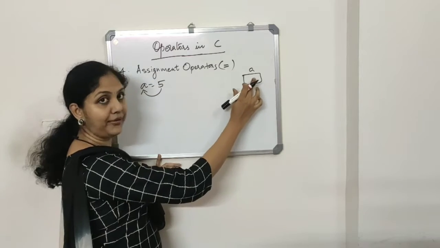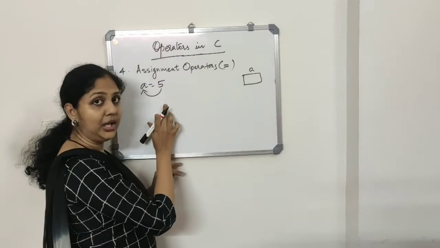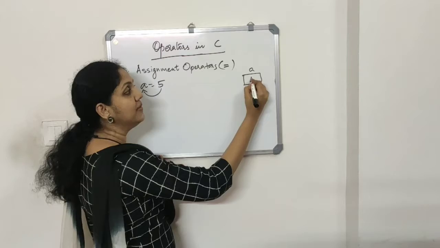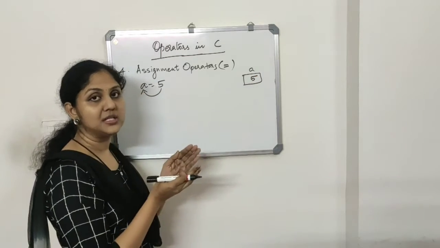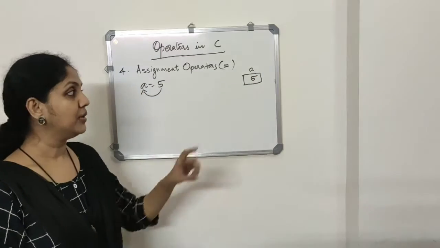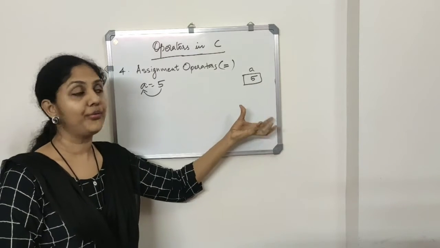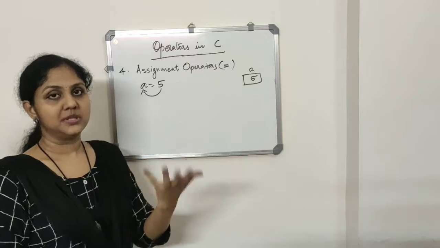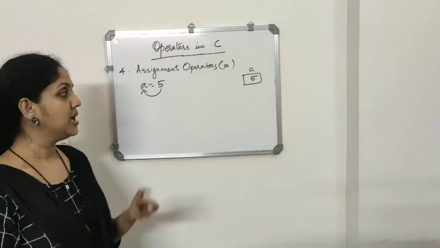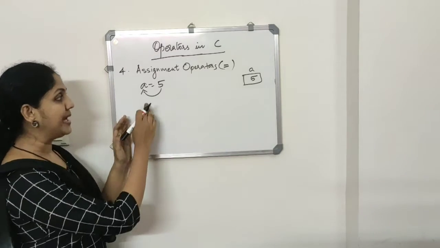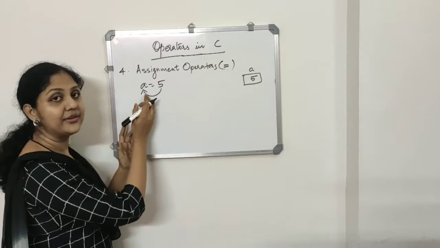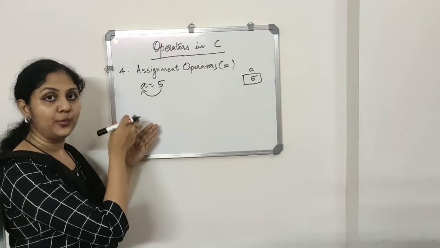This is the memory of A. If I am assigning A equal to 5, then 5 is stored in the space provided for A. Now the value of A is 5. Whenever I ask the system to print the value of A, it will display 5 as the result. So this is the assignment operator. It will assign the right hand side value to the left hand side variable.